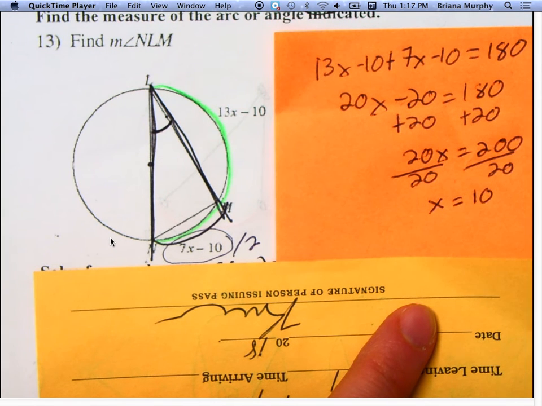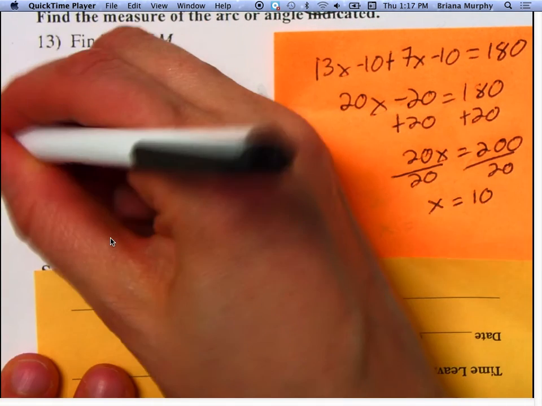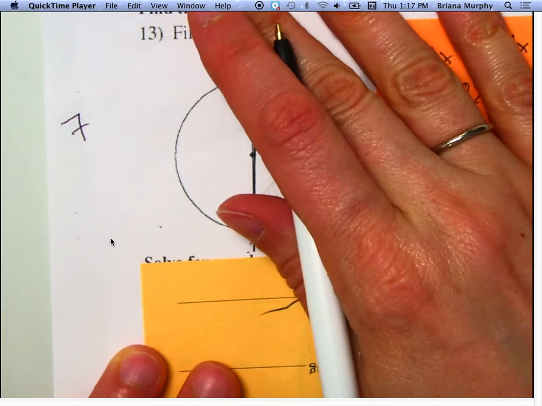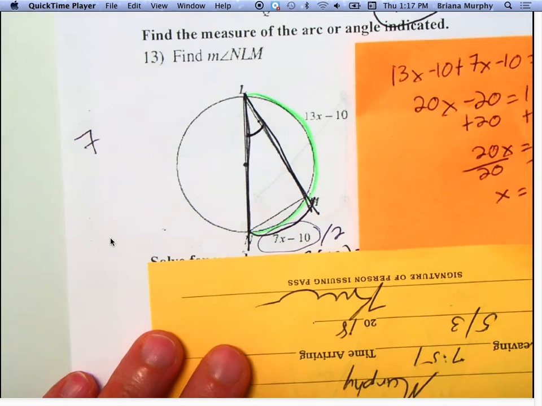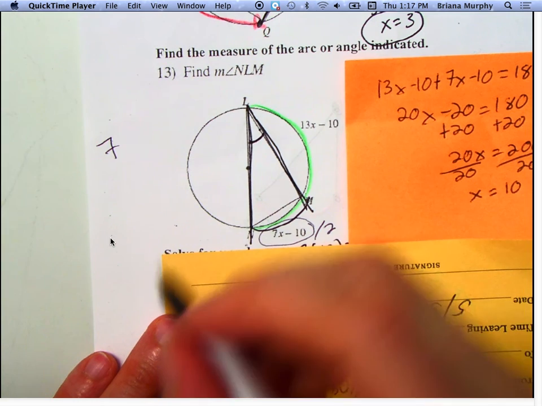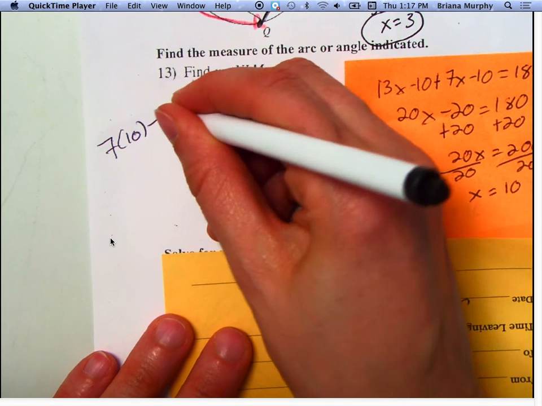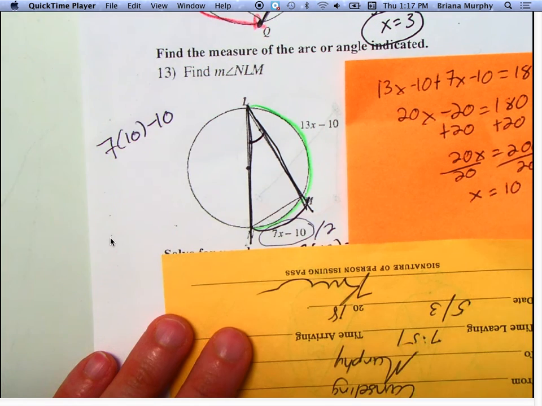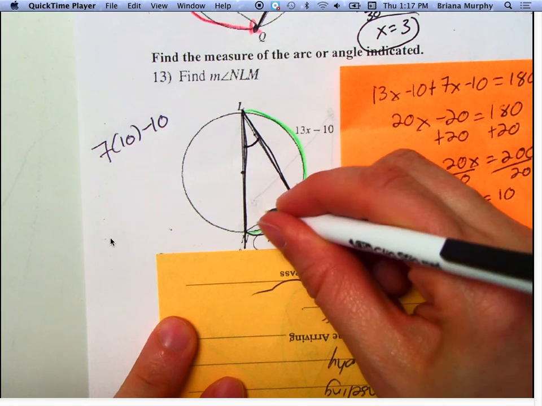Okay, so that's my first step. I found X. Now I have to go over here and go 7. Let me zoom out. 7 times 10 minus 10 gives me 7 times 10 is 70. Minus 10 is 60. So this angle out here is 60.